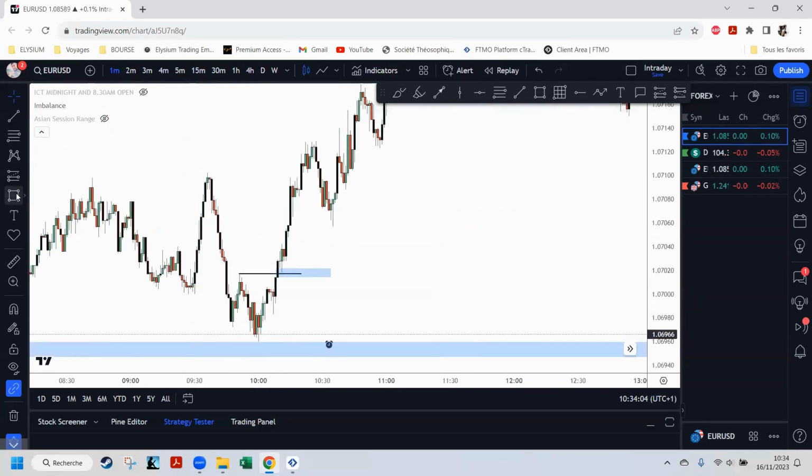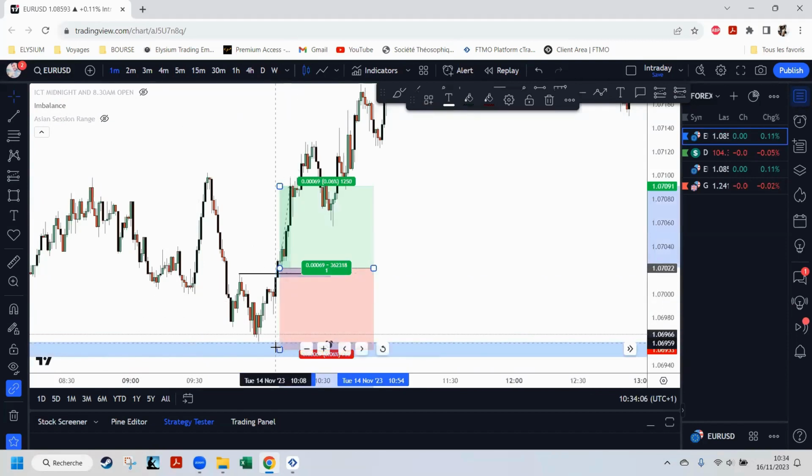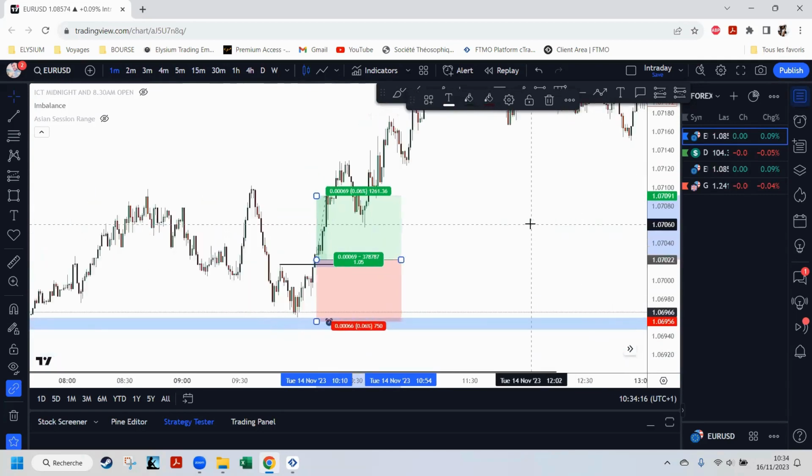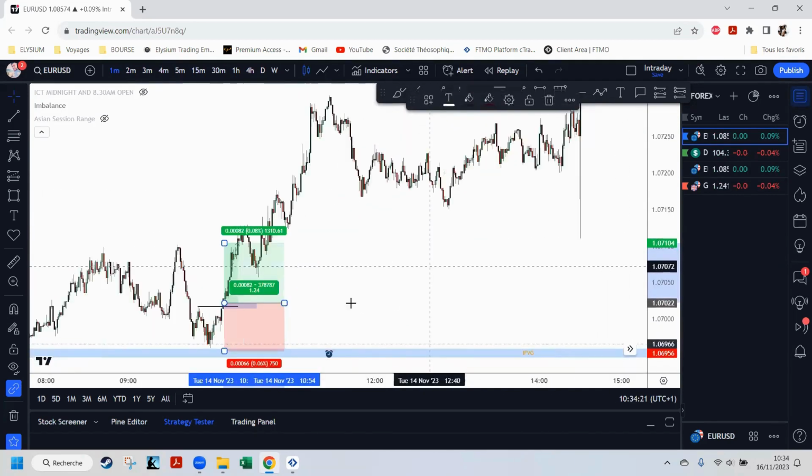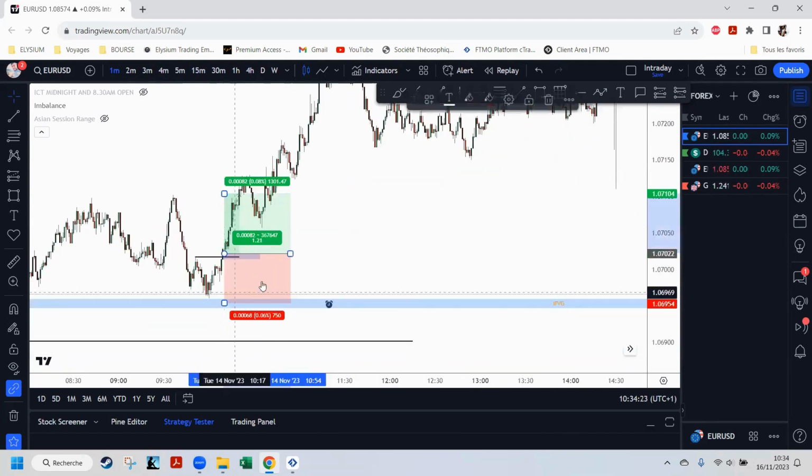Very easy entry, very clean and very easy. Forget about this, this is not a good entry, okay? Not all fair value gaps are good entries. And so, of course, the stop is below.